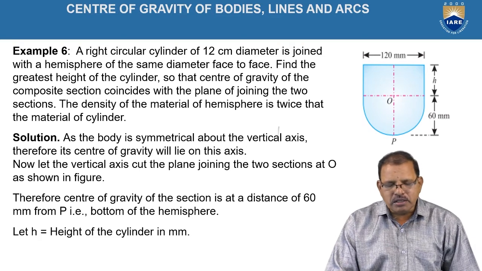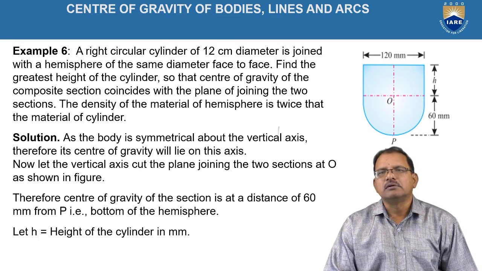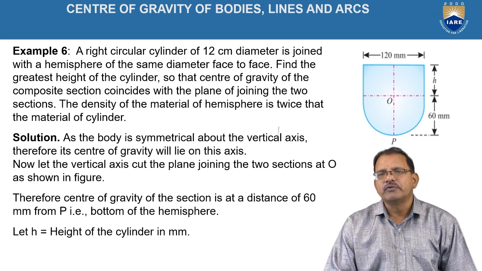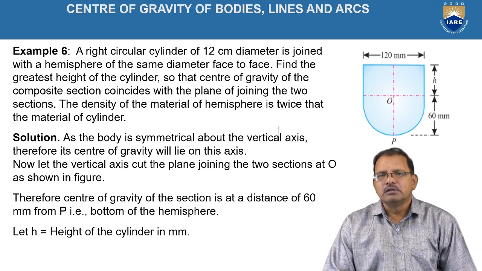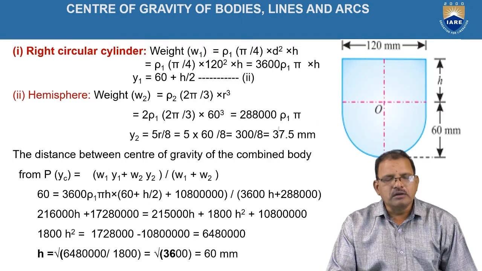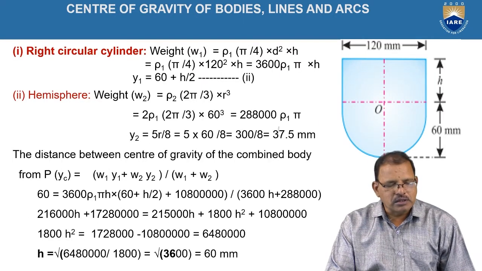As the body is symmetrical about the vertical axis, the center of gravity of this composite figure lies on this line, so it is not required to determine the x coordinate. Now, for the composite figure, h represents the height of the cylinder in mm, and 60 mm is the radius, considering the dimensions of the right circular cylinder.